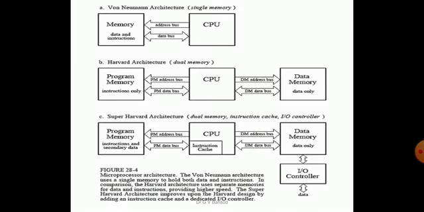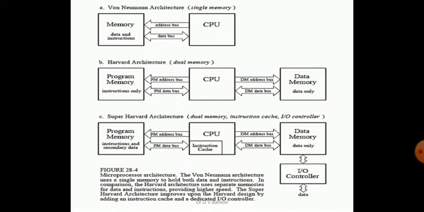So this comes to our next slide, which tells you what are the different architectures that exist in the DSP, which are von Neumann, Harvard, and super Harvard architecture. So as you know that in von Neumann architecture, there is a single address and data bus which accesses the memory.